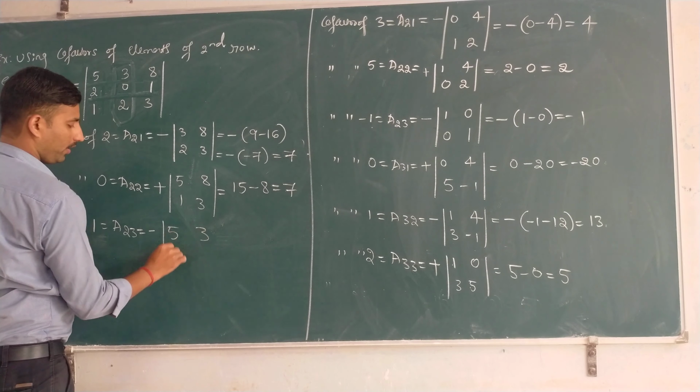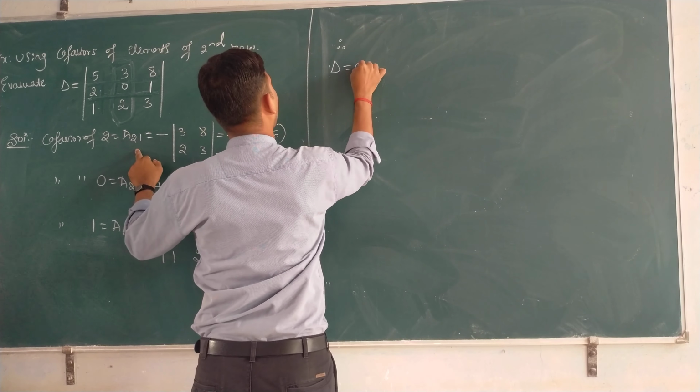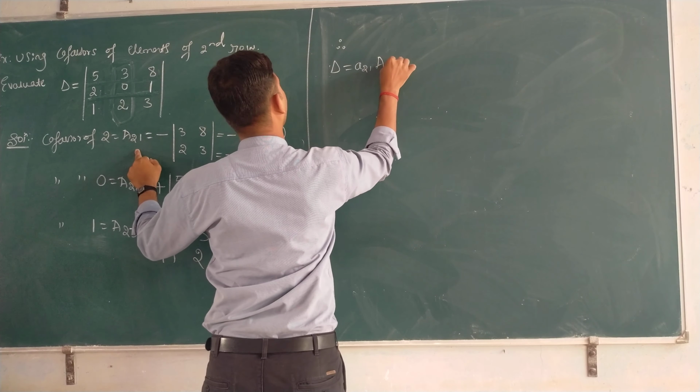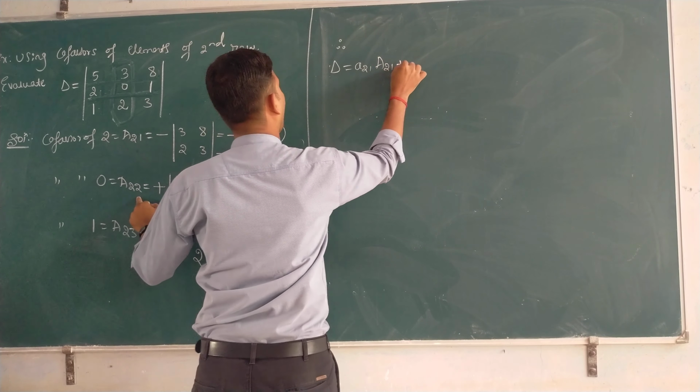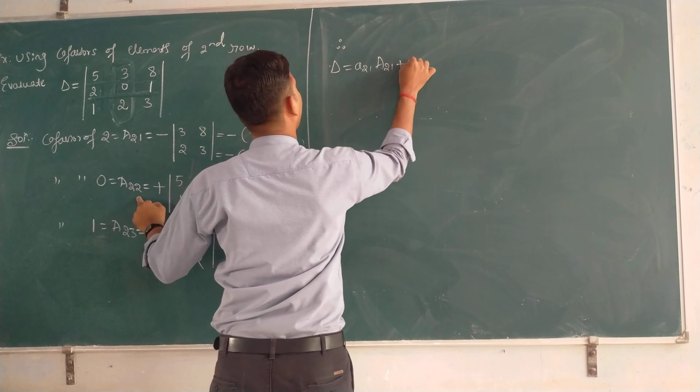Now delta is equal to what? Our job is to find the cofactors of elements of the second row. Therefore, delta is equal to small a21 into capital A21 plus small a22 into capital A22 plus small a23 into capital A23.